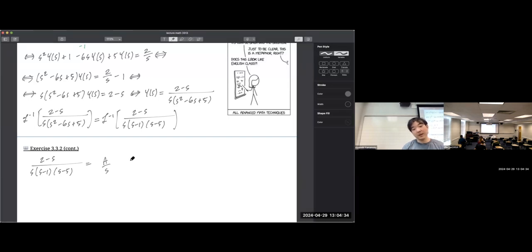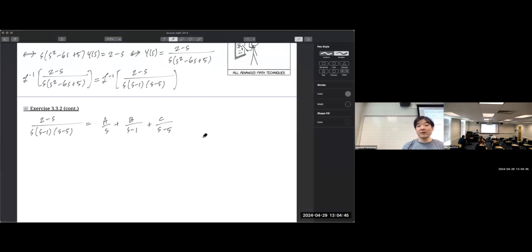The other one's going to be B over s minus 1. The other one's going to be C over s minus 5. And you can find these, they are not that bad. I'll write out the algebra, but you can find all of the coefficients. It's going to be A is 2 over 5, B is negative 1 over 4, and C is negative 3 over 20.